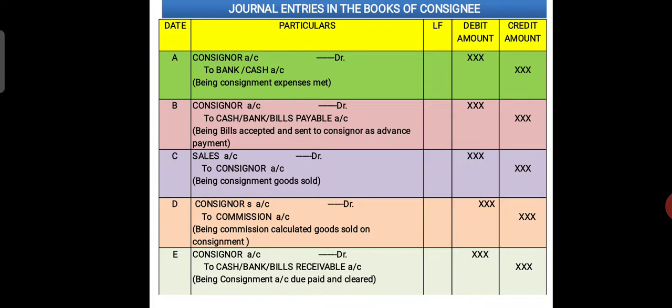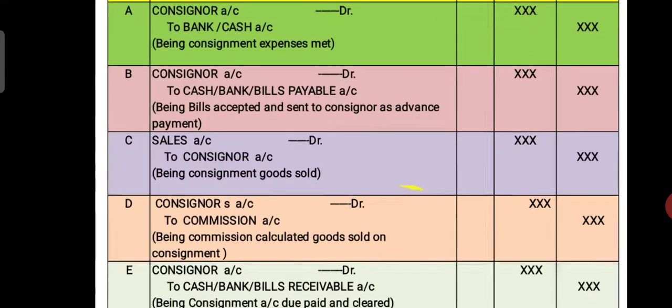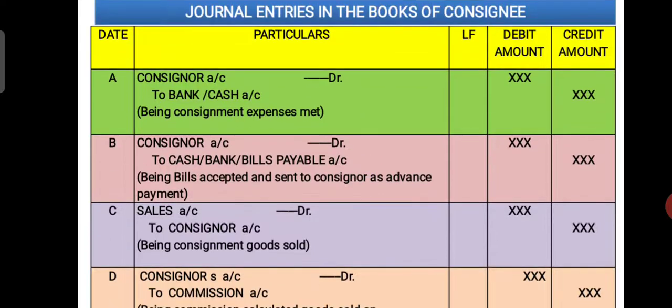After preparing the journal, we have to write the journal entries. The most common entries that we write in the books of Consignee are only 5. First entry, that is A entry.